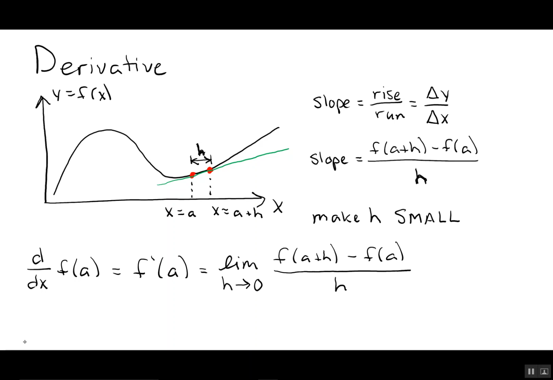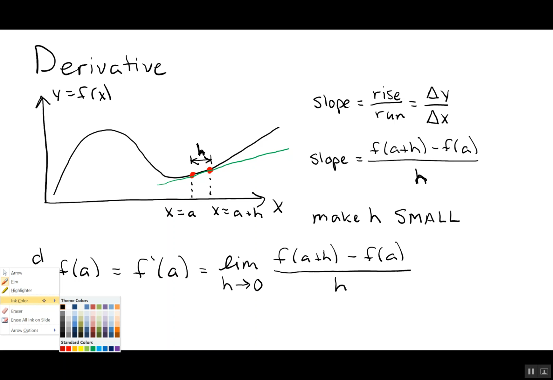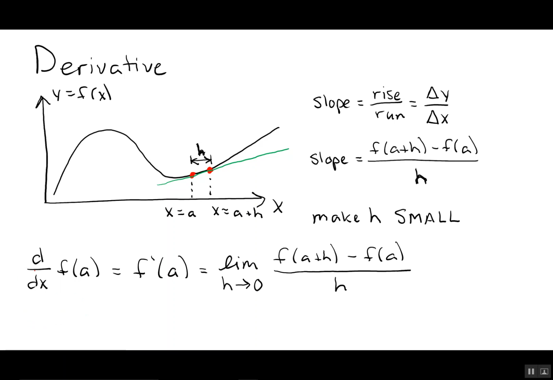So what I've written out here are different notations used to represent this operation of the derivative. You'll see this notation with a d over dx in front of the function that you want to find the derivative of at a specific value. D over dx is shorthand for find the derivative of. Even more shorthand is using the prime notation.